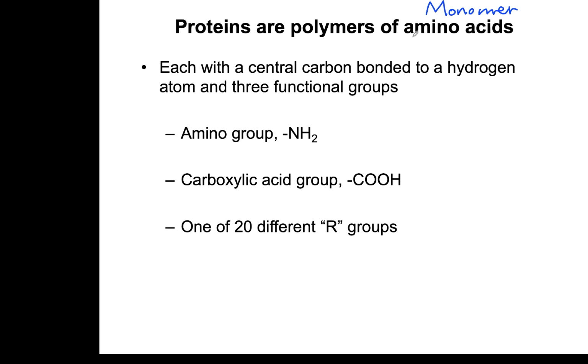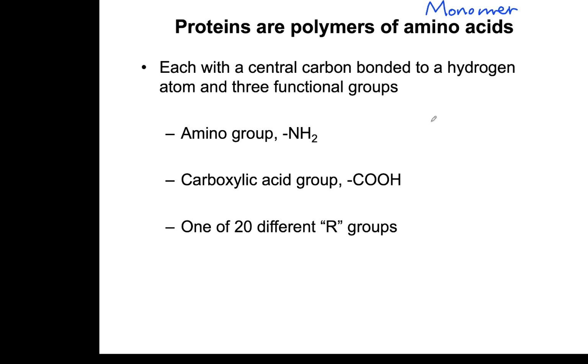So one amino acid links with a second amino acid, which links with a third amino acid. So a sequence of amino acids forms a polymer named protein.